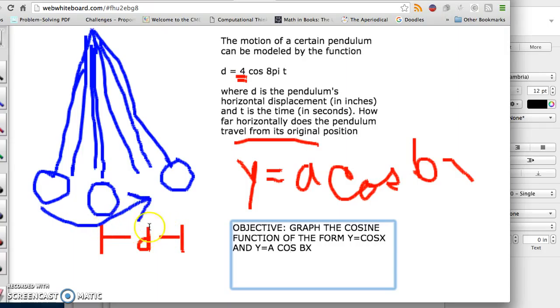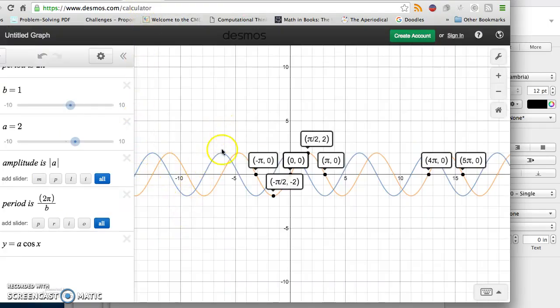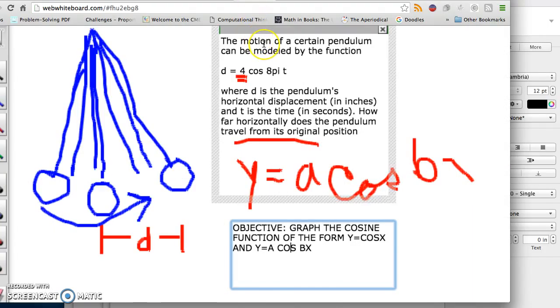So this left, right becomes up, down, up, down. I'm modeling the left, right with an up, down graph. Kind of a weird idea, but we can graph what we want to graph. If I want to graph horizontal displacement, I can do that over time on the x-axis.